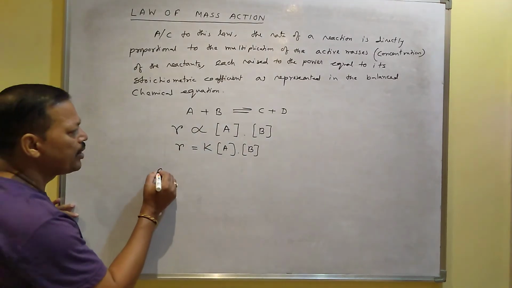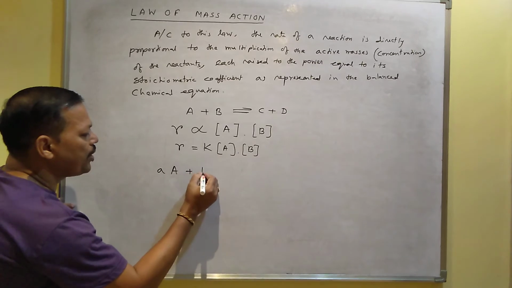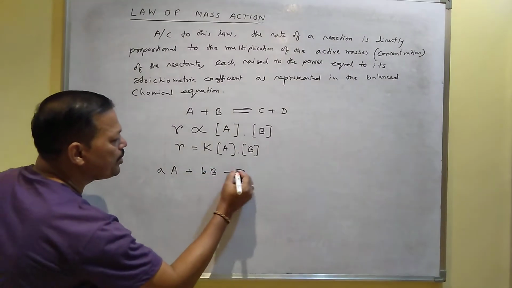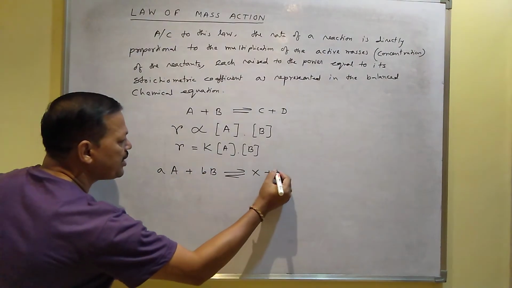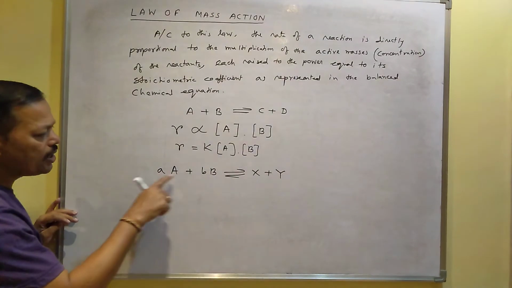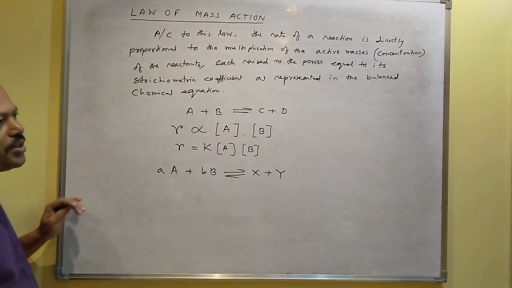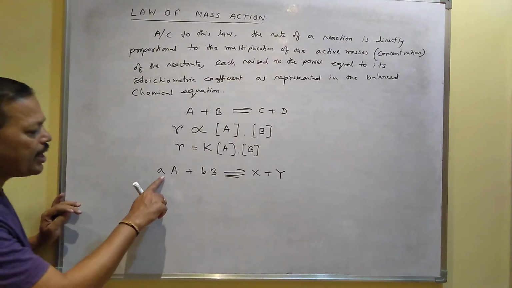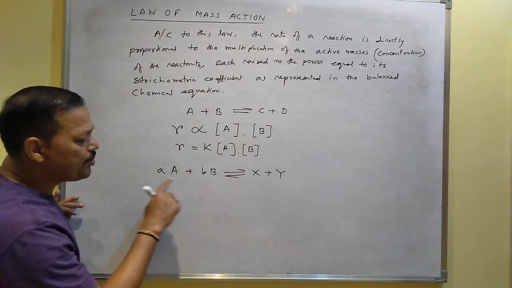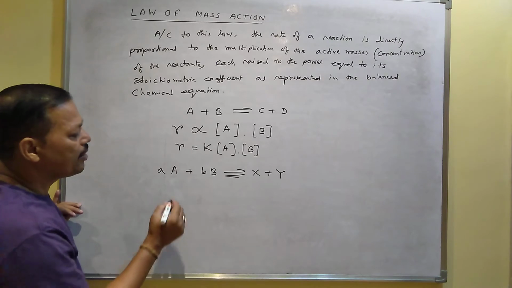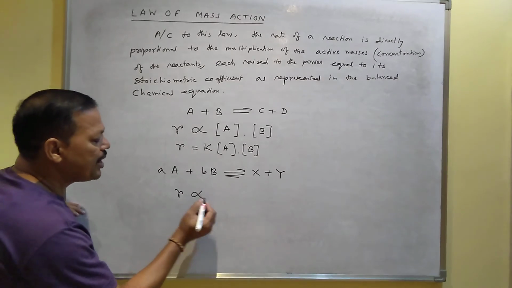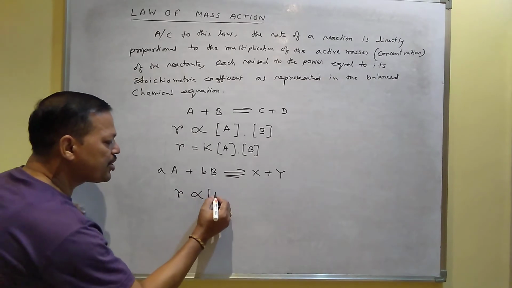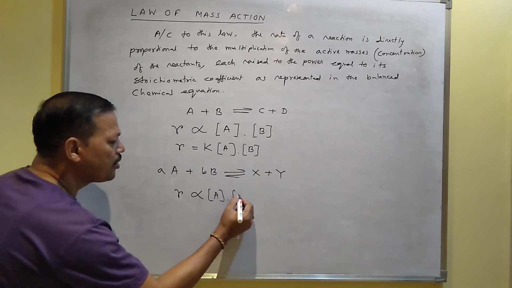For example, take the reaction aA plus bB gives, suppose, X and Y. This small a and small b represent the coefficients of the balanced chemical reaction. If these coefficients, the numbers of moles, are present, then the rate of the reaction is directly proportional to the concentration of reactant A times B.